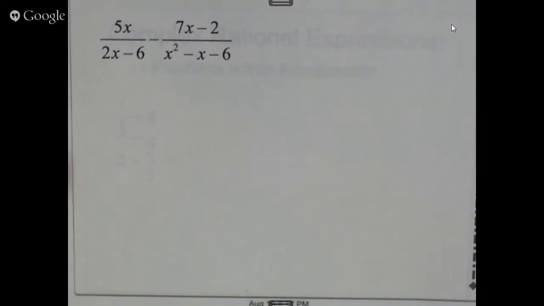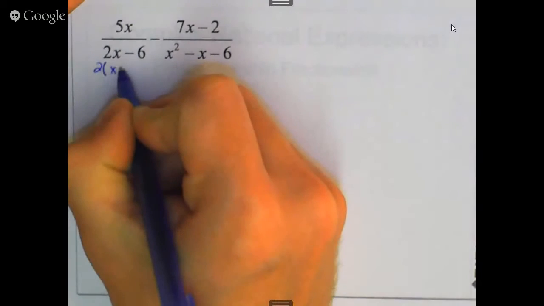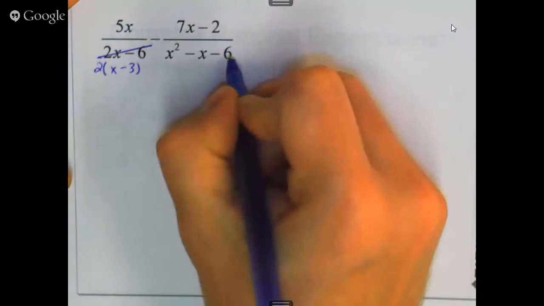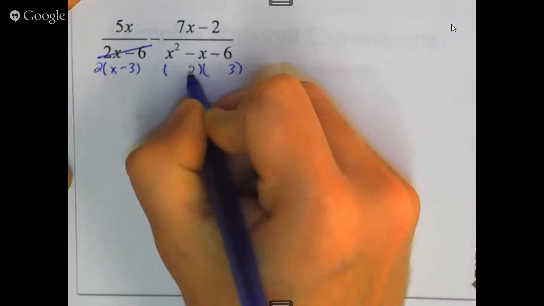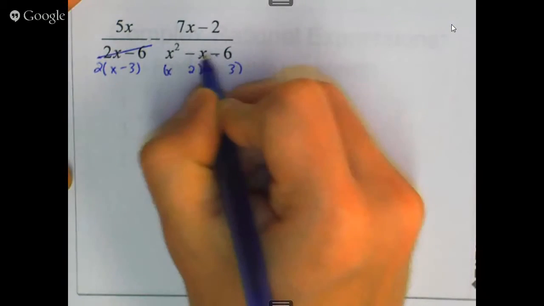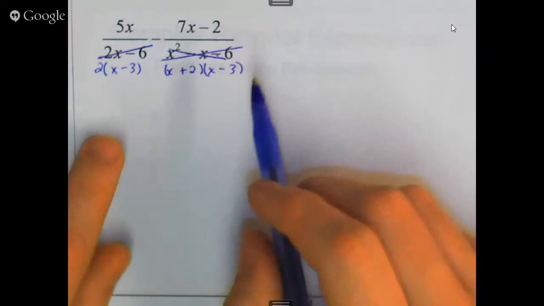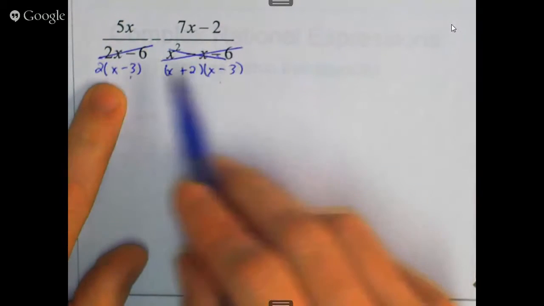So factor everything. It looks like we do have some factoring here. So pull out a 2, get x minus 3. Factor this one. Factors of 6, so subtract a 1. 3 and 2, x signs are different. The bigger one's minus. So there we go. Now notice when I go to find my common denominator, they both have an x minus 3 in it.